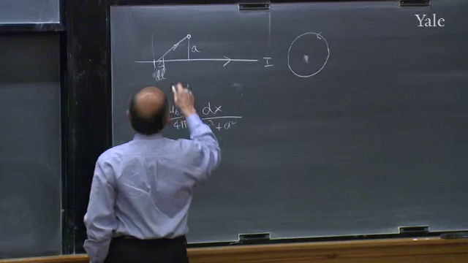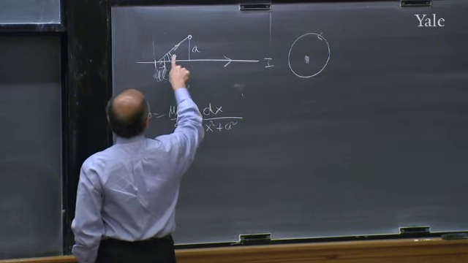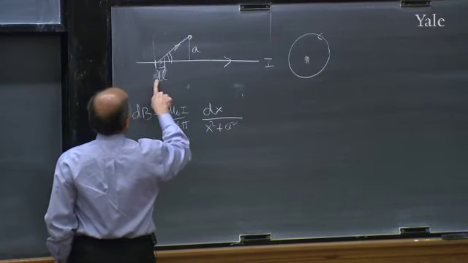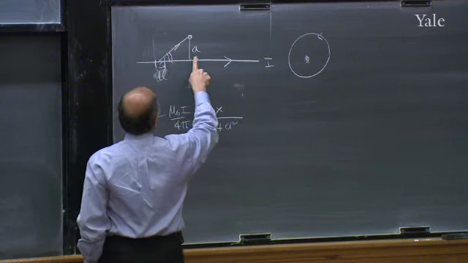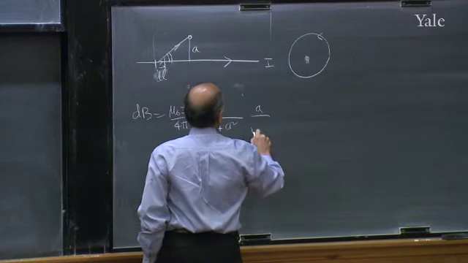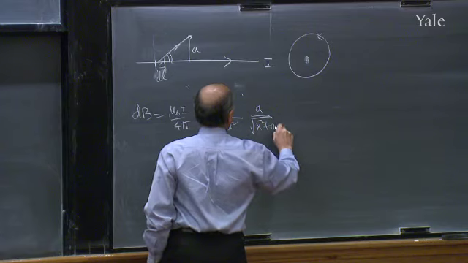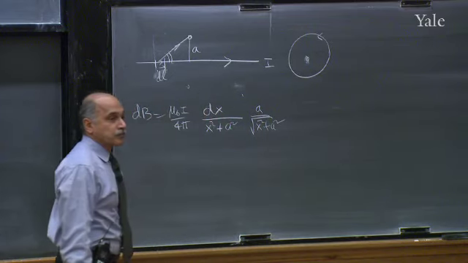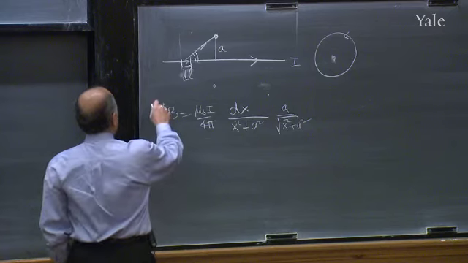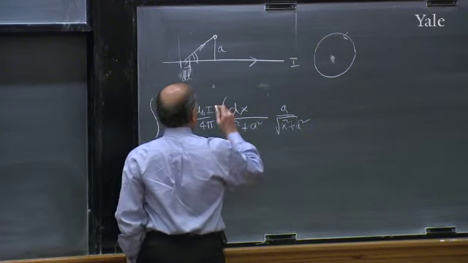Then you need the sine of the angle between the separation vector and the segment, and the sine of the angle, sine theta, is a divided by the square root of x squared plus a squared. Then the integral of dB is the integral of all these guys.